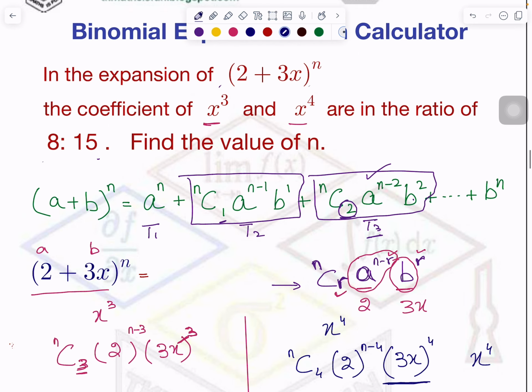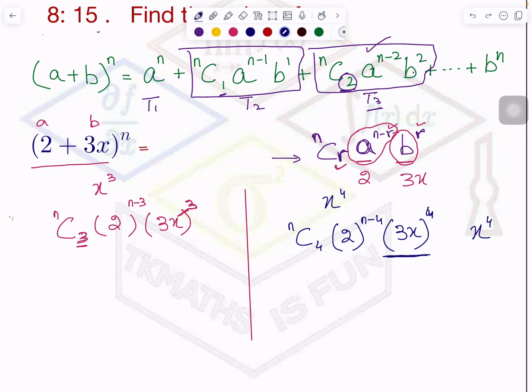This is what I have to find, the coefficient of x⁴, right? So that's why I have taken power 4 here. This is how I have found the individual terms.